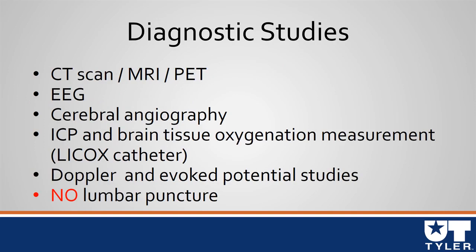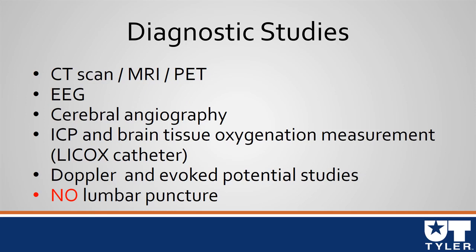Diagnostic studies can be used to identify the cause of increased ICP. A CT, or computed tomography, and magnetic resonance imaging, or MRI, are used to differentiate the many conditions that can cause increased ICP and to assess the effective treatment.